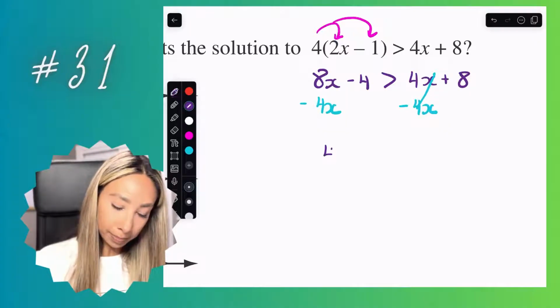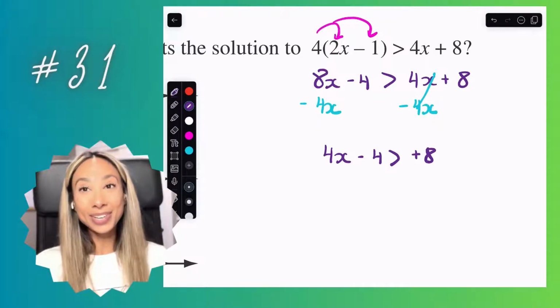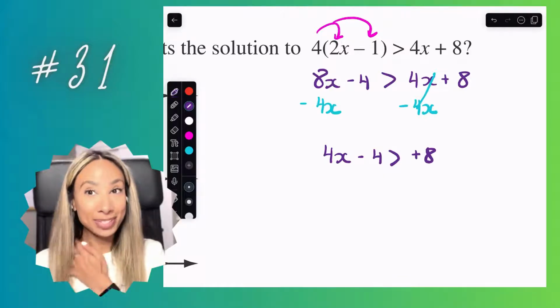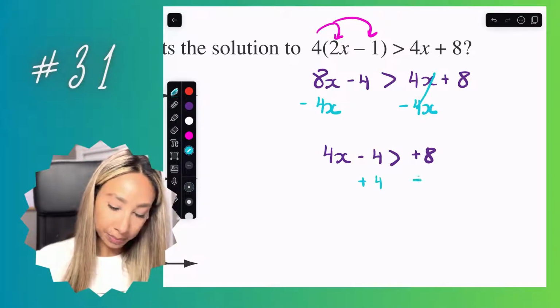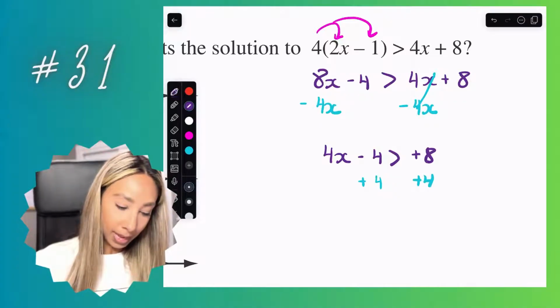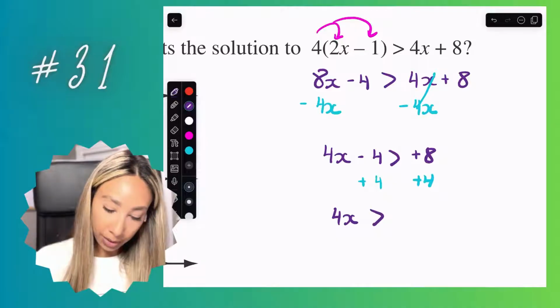Rewrite everything. And then now, as always, we want x's on one side and numbers on the other. So I'm going to add a positive 4 to both sides. That's going to leave me with 4x is greater than 12.